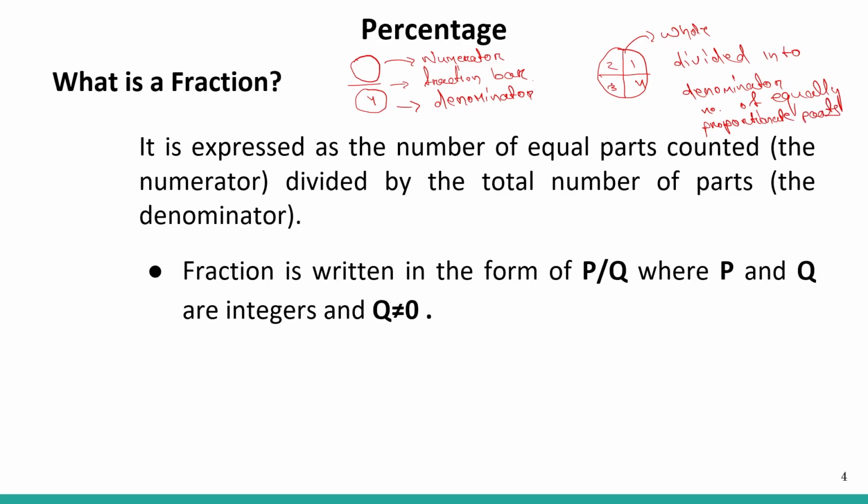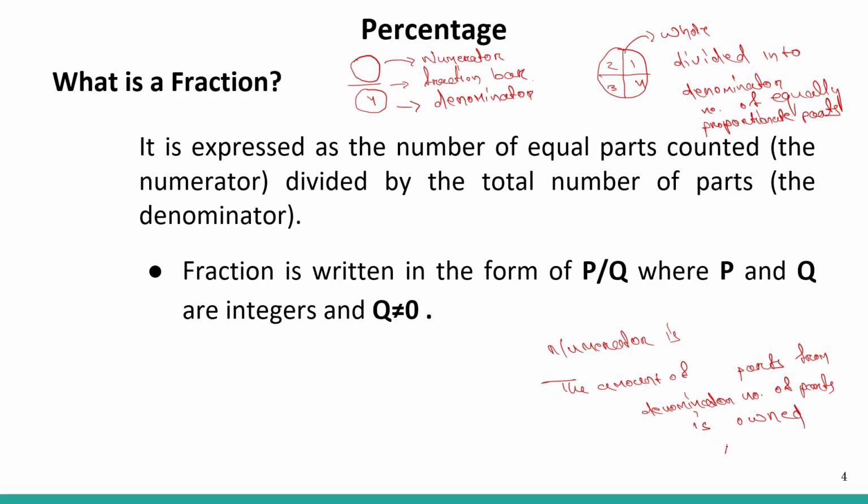And what the numerator represents is the amount of equal parts, or parts from the denominator number of parts, that is owned or observed.